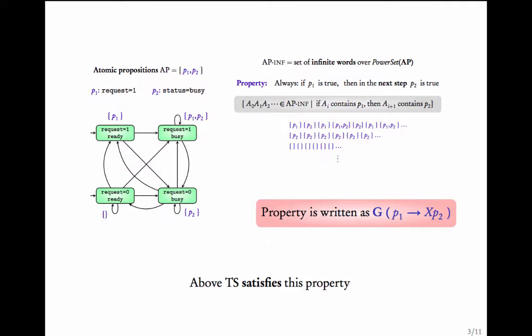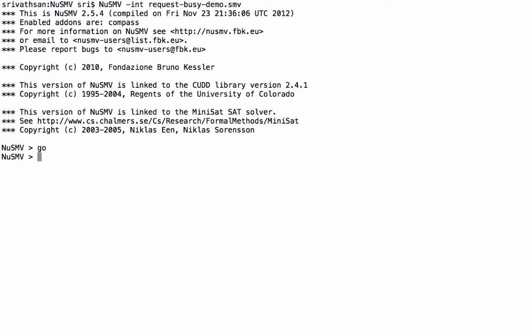Let us now check this property in new SMV. The command is the same, check LTL spec minus P, and now we want to check that if request is true implies in the next step status is busy.